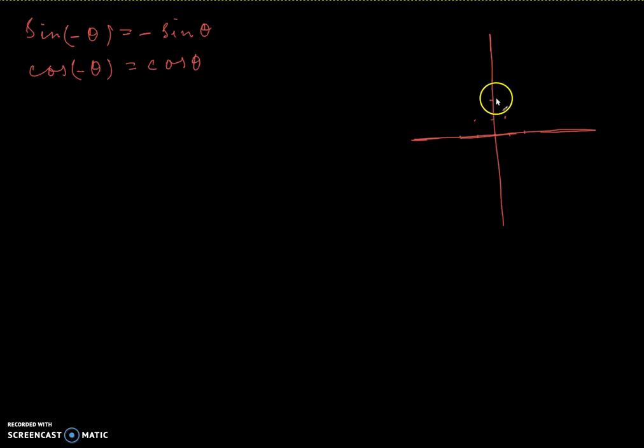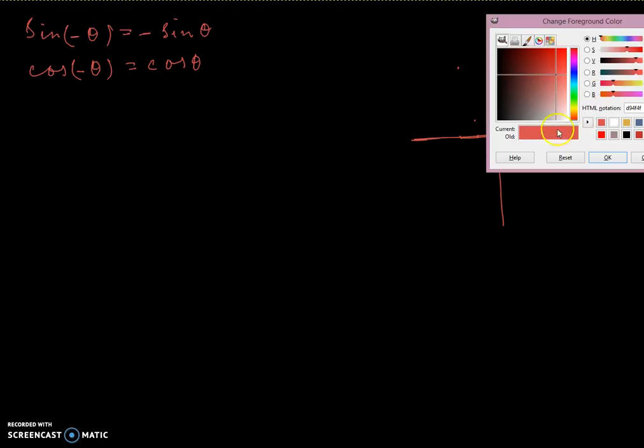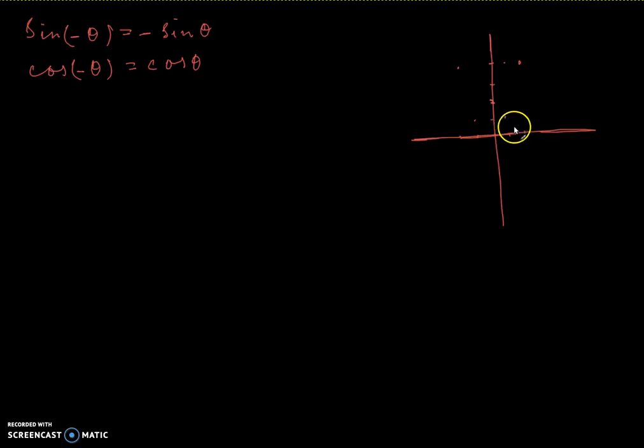So you end up with 1, 2, 3, and 4, and this is the other point. So basically this is the graph of the function y is equal to x squared.